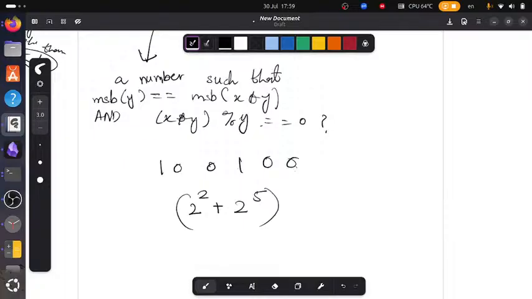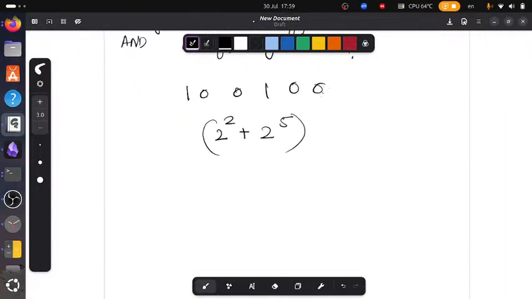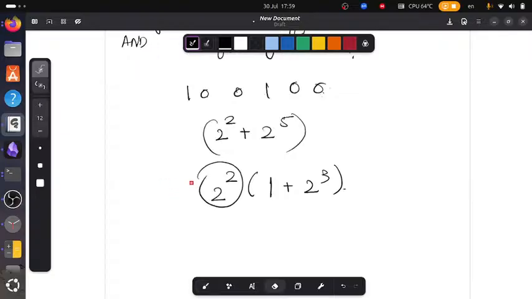Now this is one number, and if we were to find a factor of this number, what would that factor be? So that factor would be 2 to the power 2, 1 plus 2 to the power 3. This is your greatest factor right here.